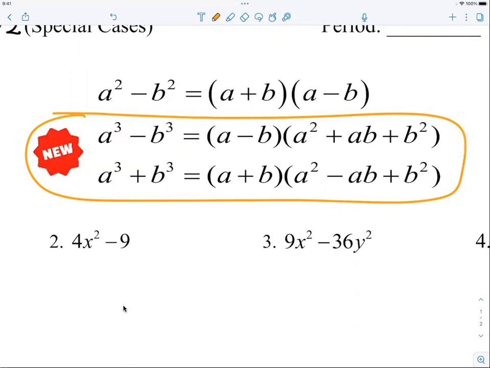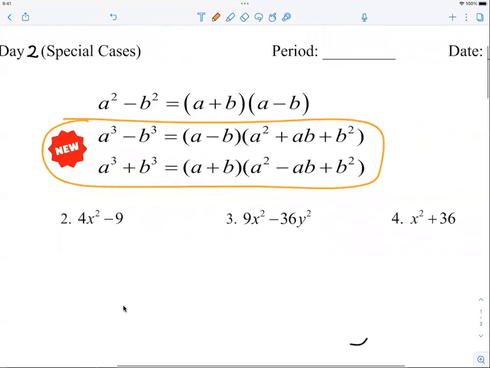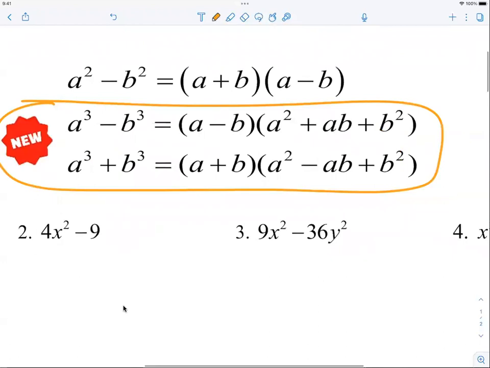Now, here's the thing that could cause a little bit of confusion, so let me go ahead and make it straight. Number one, if you look at the sign, these two are always the same, okay?